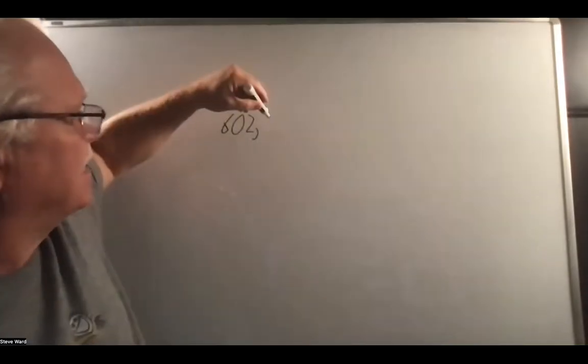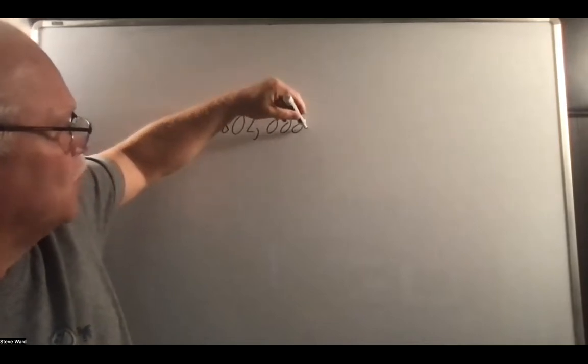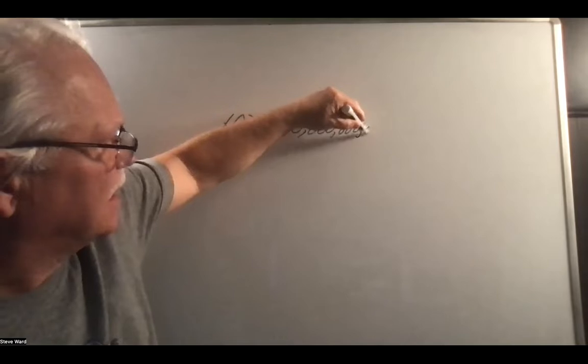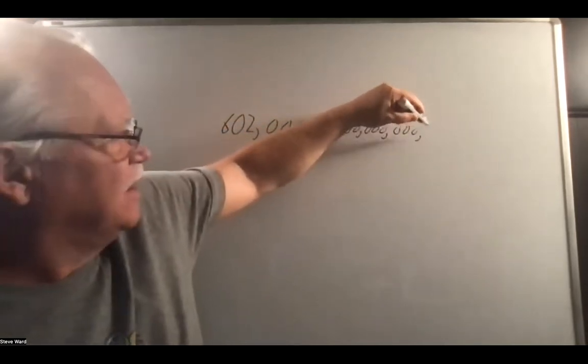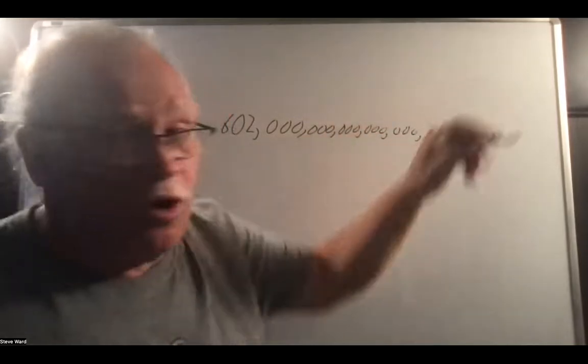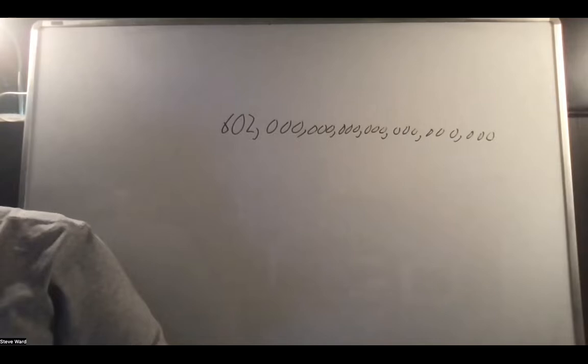So let's write that number out. 3, 4, 5, 6, 7, 8, 9, 10, 11, 12, 13, 14, 15, 16, 17, 18, 19, 20, 21. Notice that's a very, very large number.